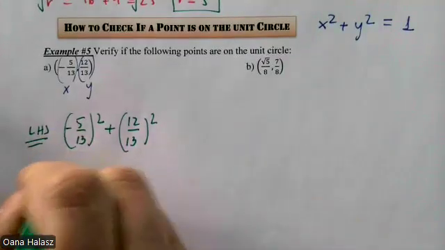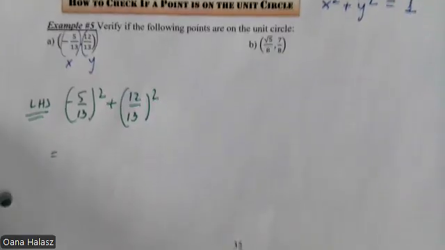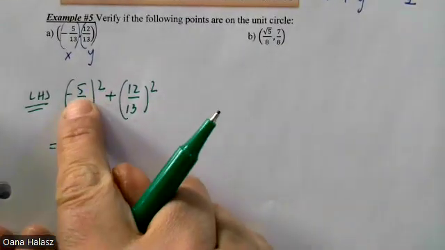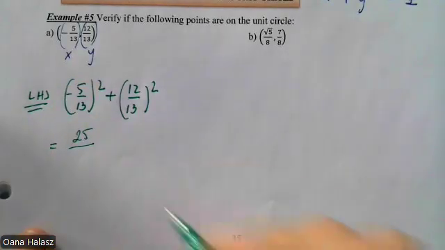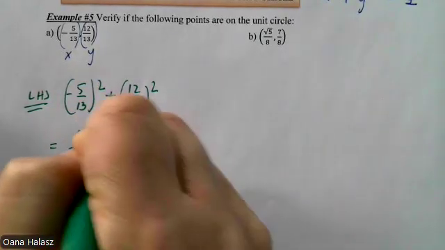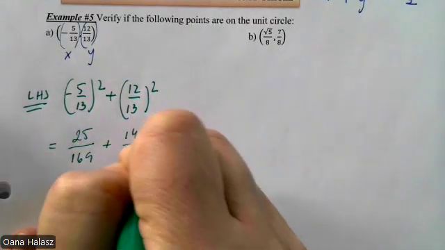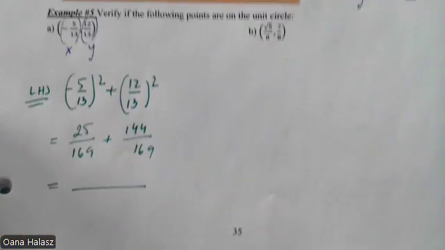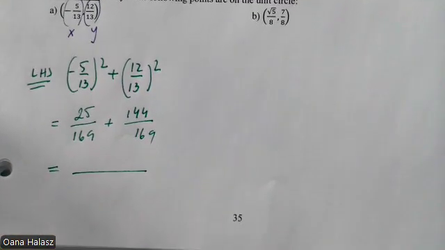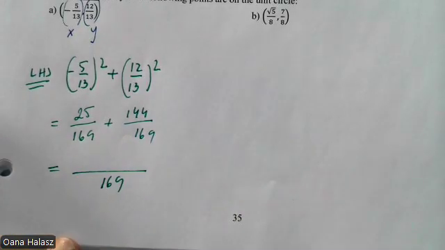And now we're going to calculate. I'm not going to assume it equals 1. I don't know. I'm testing it, right? So -5 squared is +25. 13 squared is 169. 12 squared, 144. 13 squared, 169. When you add fractions, we keep the denominator, so we don't add it. We just say 169 again.